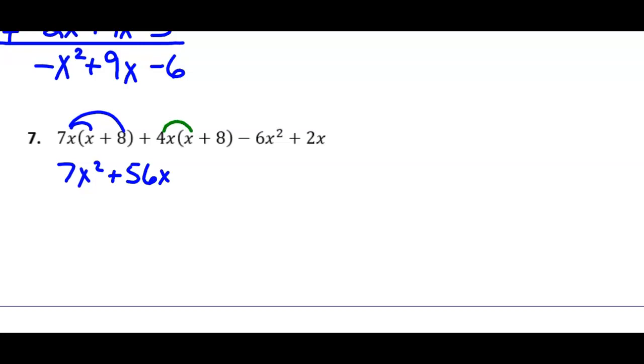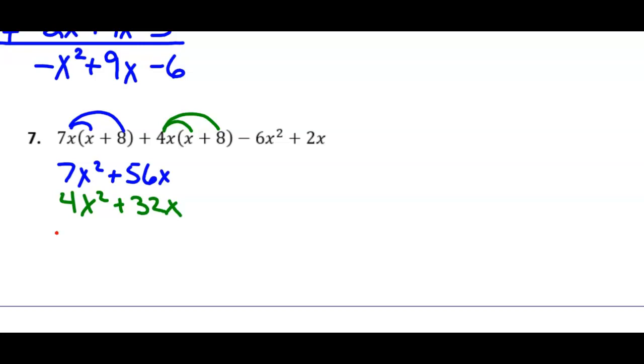What's 4x times x? 4x squared. You can put it next to it, or you can line it up because we know we're going to have to add it together. 4x times 8. Negative 6x squared.